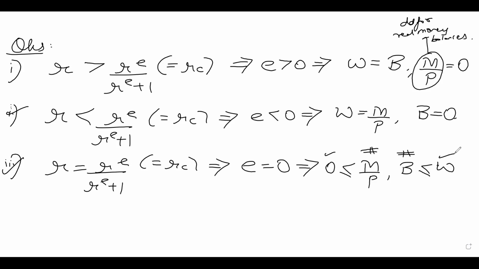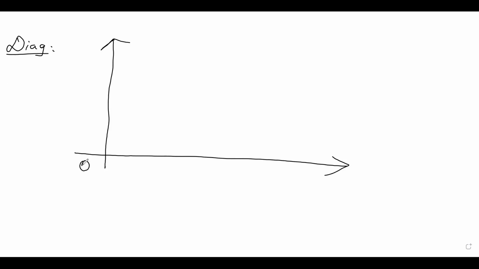So we are now in a position to draw a diagram which pretty much derives our demand for money. So on the horizontal axis, we measure demand for real money balances. On the vertical axis, we measure R, and we have the critical level of interest rate RC, which is equal to RE upon RE plus 1.